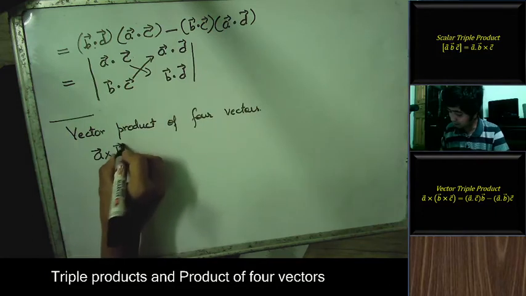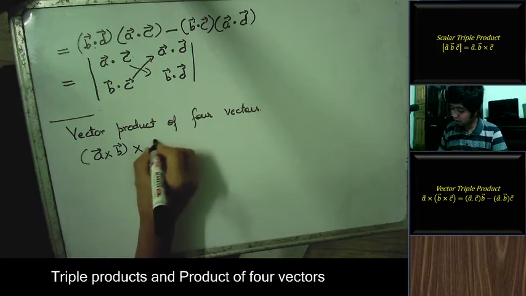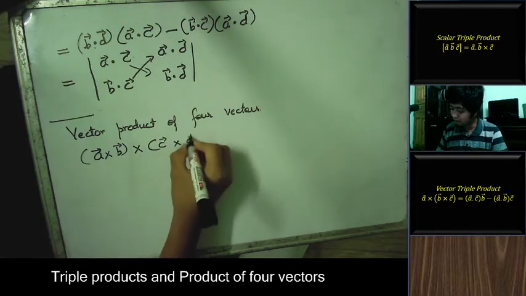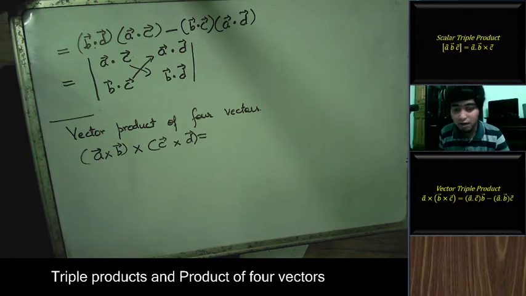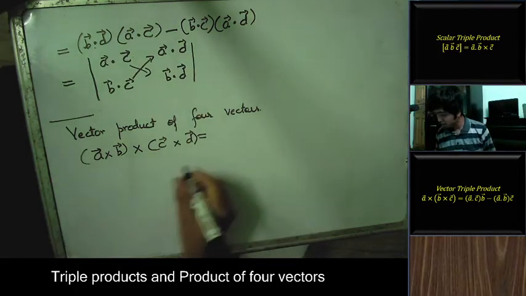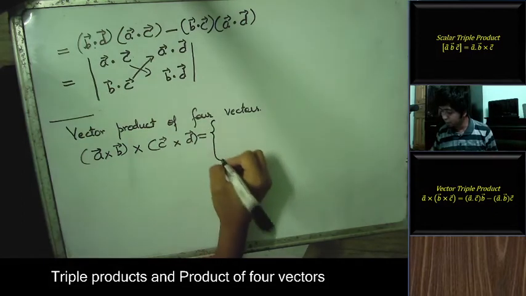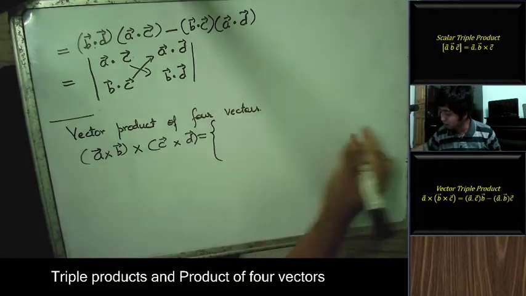Again, over here, let A, B, C, and D be four vectors. Because we want to form a vector product, we will have four formulas, and you can use any one of them.